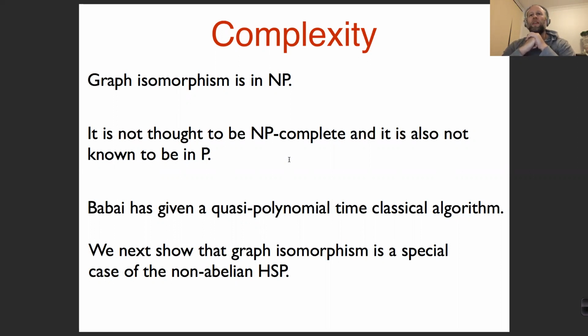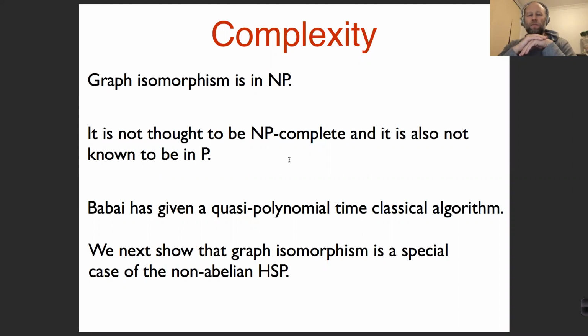And graph isomorphism is one of not very many problems that we know of which is not one of the hardest problems in NP. It's not what we call NP-complete, but at the same time, it's also not easy. So it's not known to be in polynomial time. Okay, so there's not a whole lot of problems that sit in between these two things.